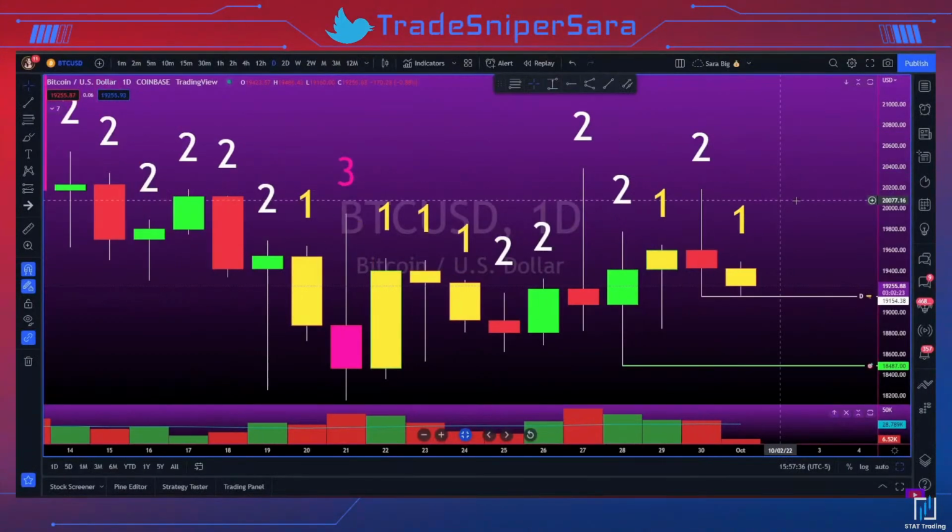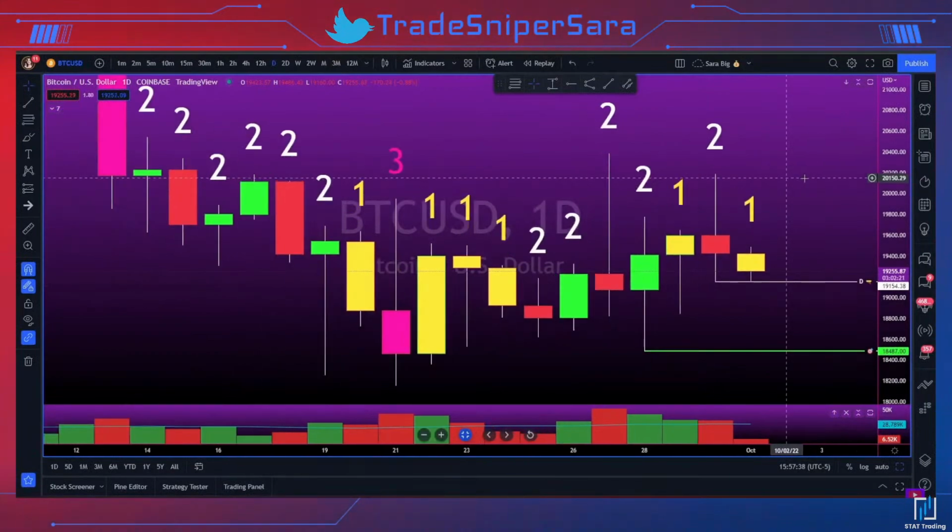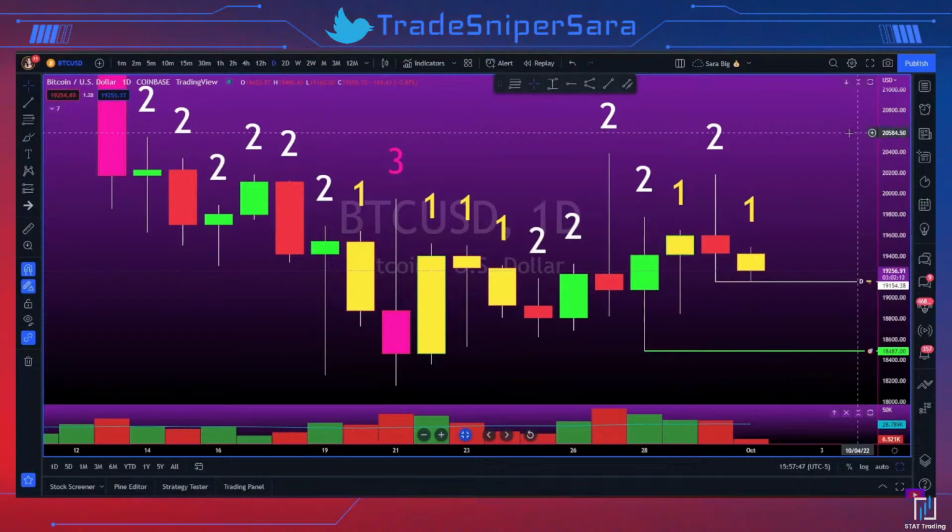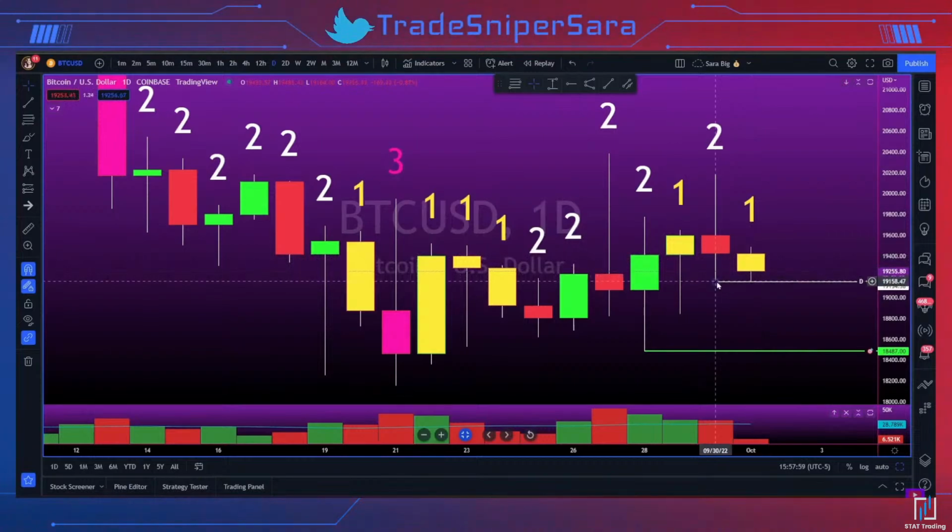Let's look at a live daily chart of Bitcoin, and we are asking ourselves, what is the next 2 most likely to be? We are trading currently as an inside bar right now. That doesn't mean it's going to stay an inside bar, because we know if it breaks this candle's low, it's no longer going to be a 1.